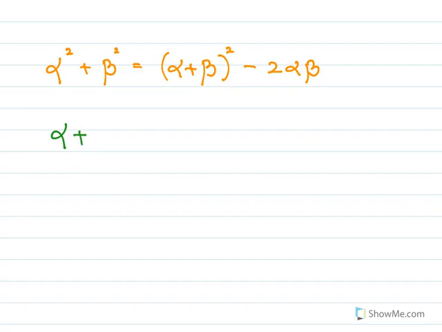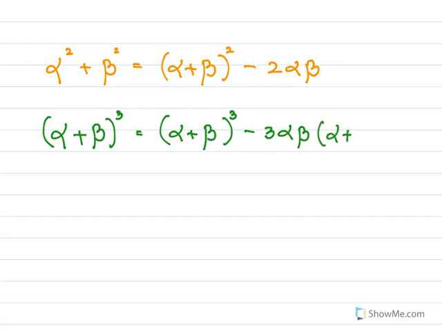So just to go over it again: alpha square plus beta square equals alpha plus beta the whole square minus 2 alpha beta. We need to learn this. And alpha cube plus beta cube equals alpha plus beta the whole cube minus 3 alpha beta, alpha plus beta.